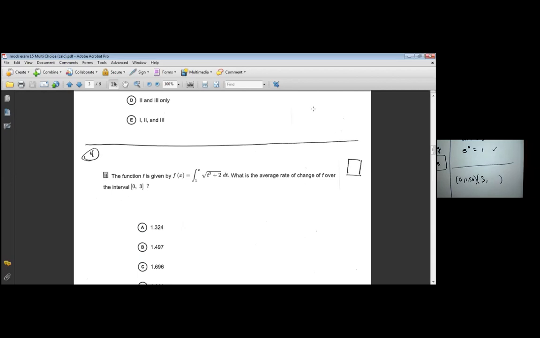What we got? Anybody? 6.58. Okay. Now you still have a calculator, so go ahead and find the slope with these. This is going to be 6.58 minus 1.5 divided by 3, because 3 minus 0. Crank that out. Let's see what we got.